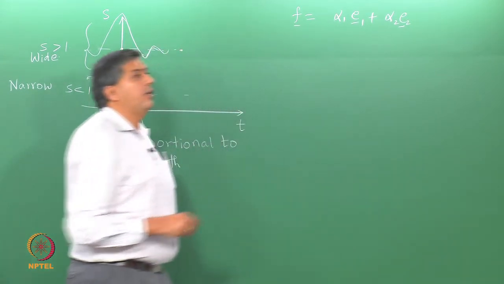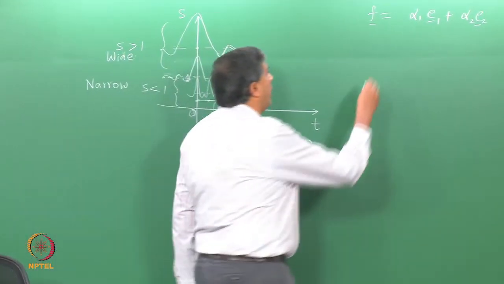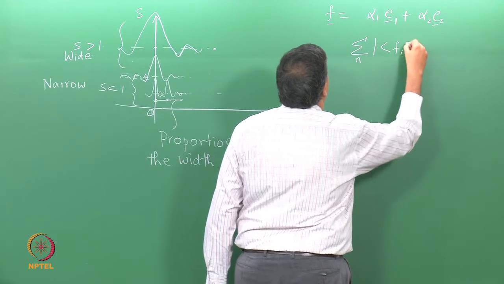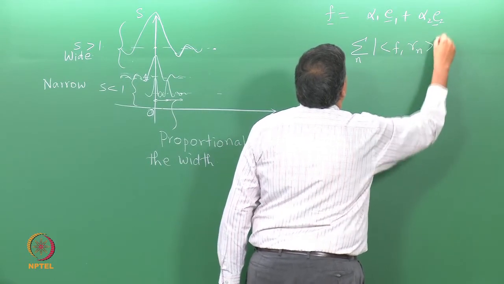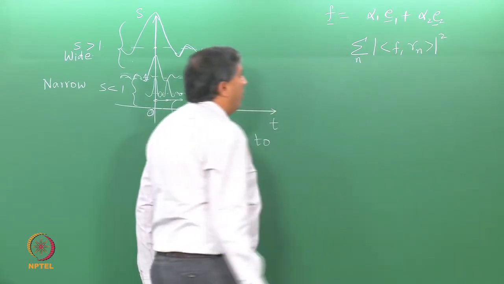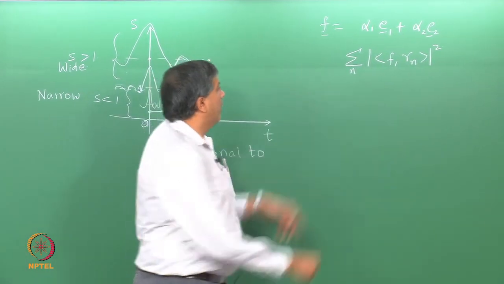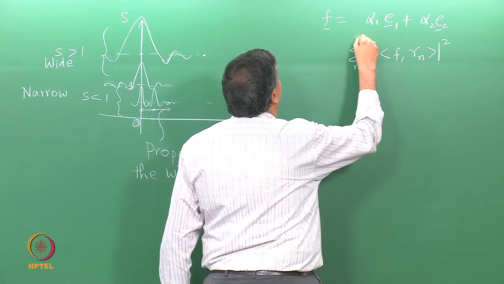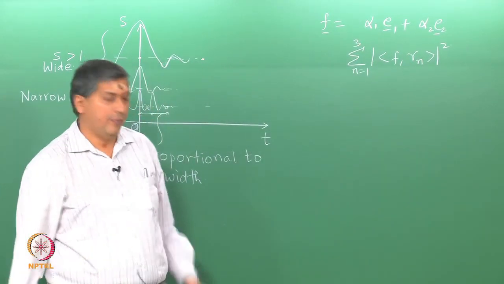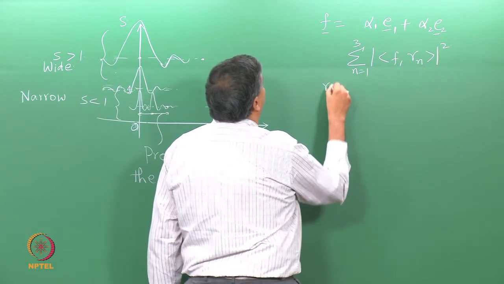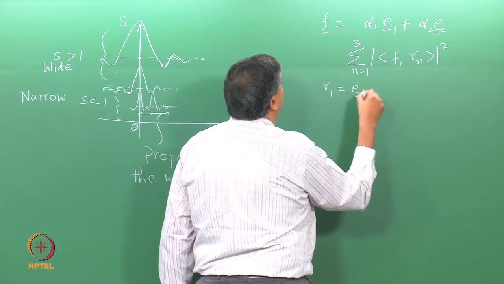In order to determine what kind of a frame I have, I need to evaluate this summation. The inner product has to be evaluated, and here n runs from 1 to 3 because I have 3 functions in my frame. What is gamma 1? Gamma 1 is E1 itself.